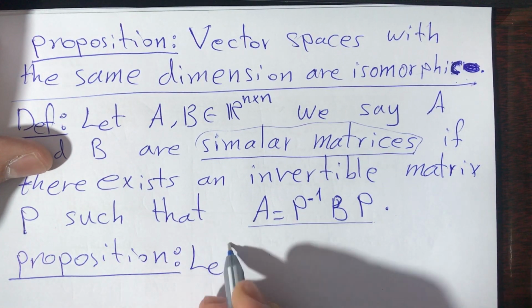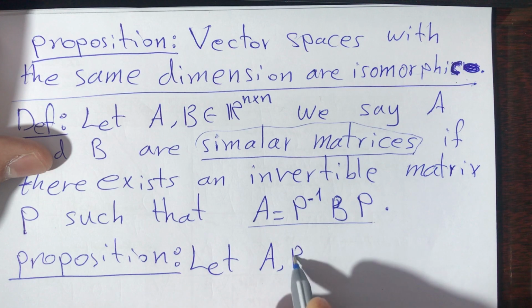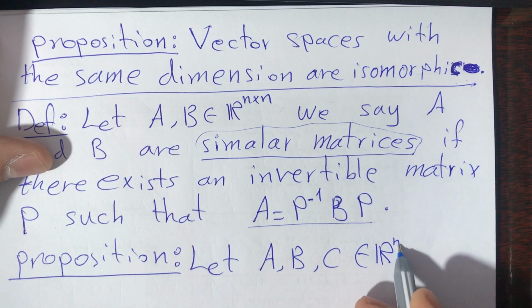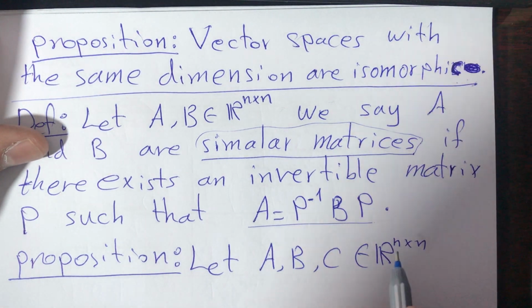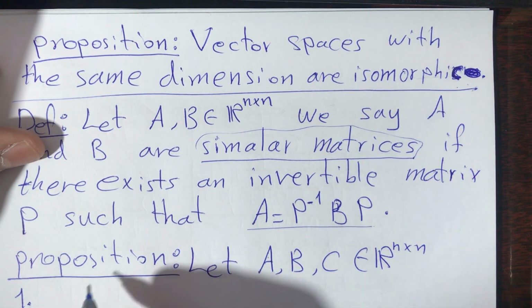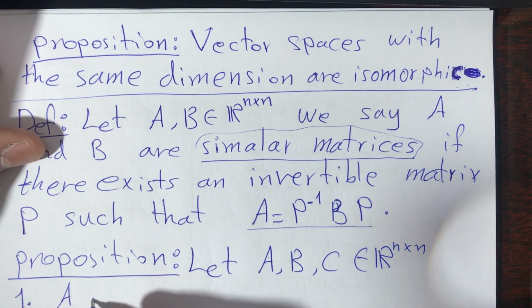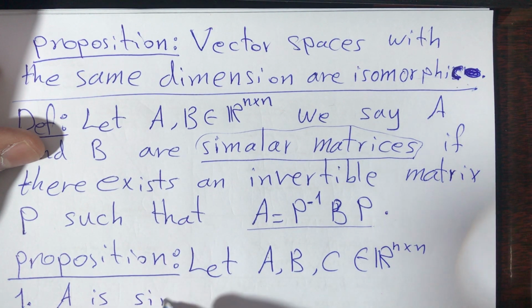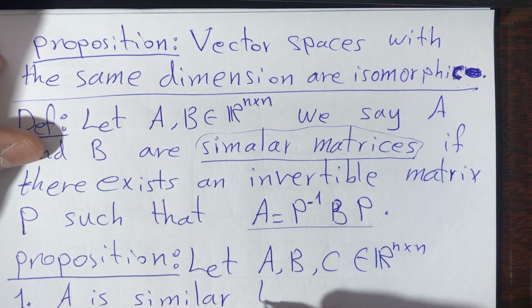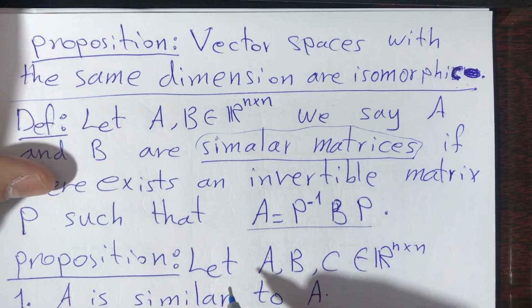Let A, B, C belong to R^(n times n). First, A is similar to A. That means the matrix is similar with itself.